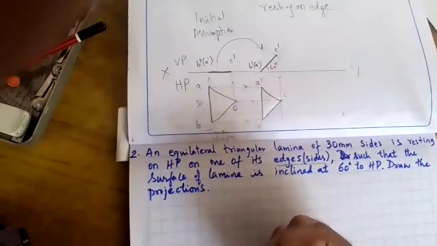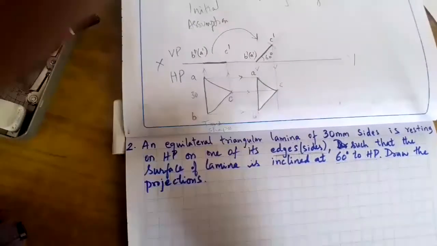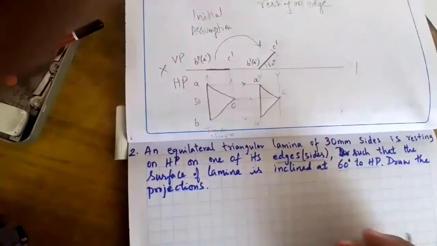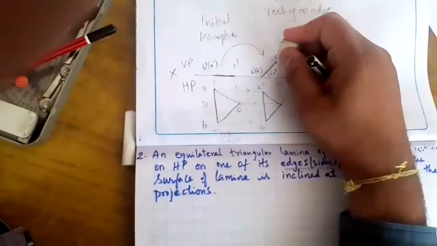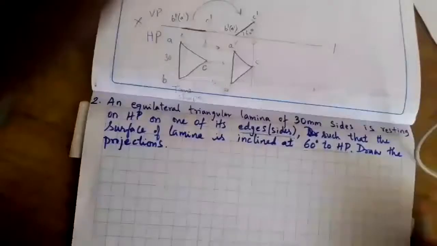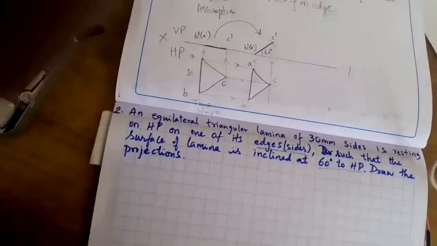Are you able to understand? Are you able to get this? Yes, sir. I'll erase this extra line. Same figure, I'm going to construct it on the grid sheet.